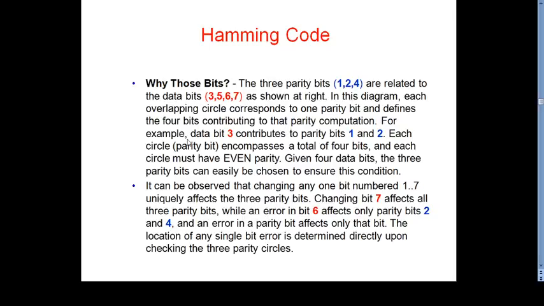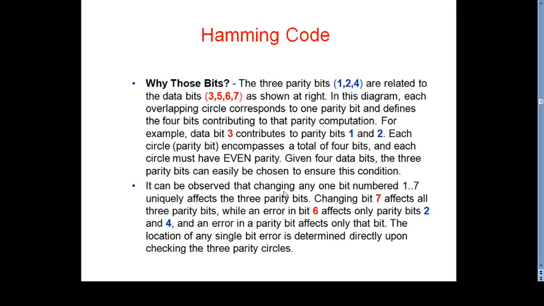For example, data bit 3 contributes to parity bit 1 and parity bit 2. Each circle has a parity bit and a total of 4 bits. Each circle must have even parity. Given the 4 data bits, the 3 parity bits can easily be chosen to ensure the condition.